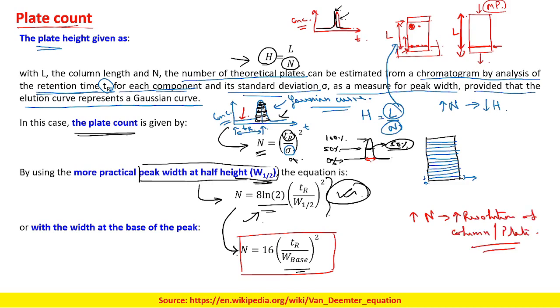Now, when we talk about this, we are just looking into the curve and we are saying that from here we can find out the number of the plates. But what happens to the nature of the stationary phase? What happens to the properties of the mobile phase? These are not included over here.